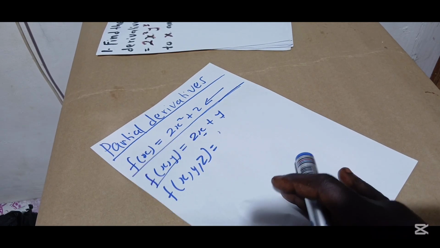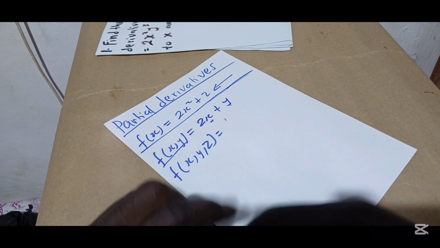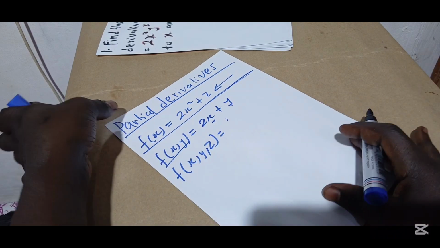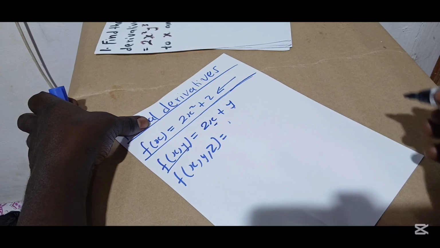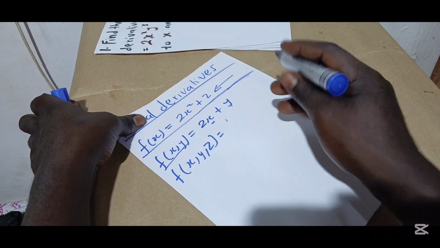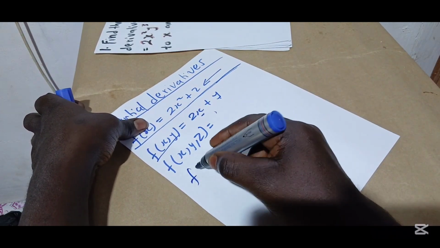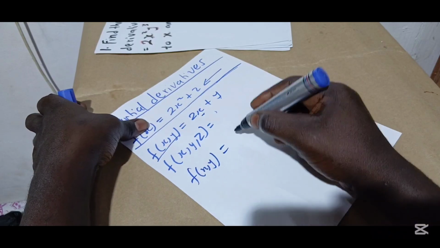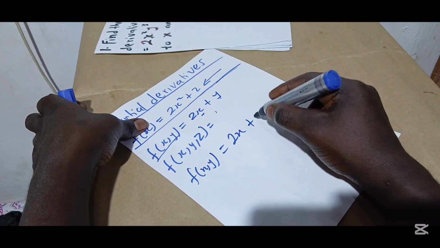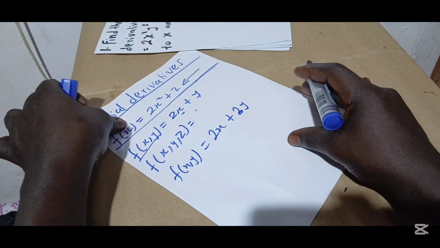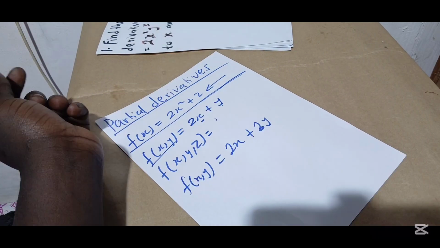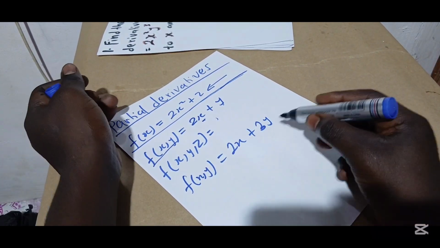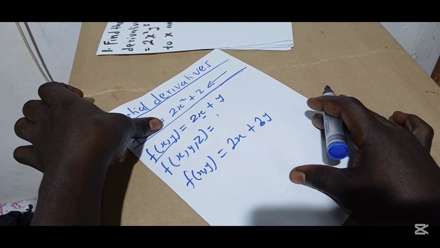One thing we would like to look at is the notation for partial derivatives. Let's say I have a function that depends on x and y, f of x, y equals 2x plus 3y. And I want to find the partial derivative of f of x, y with respect to only x.